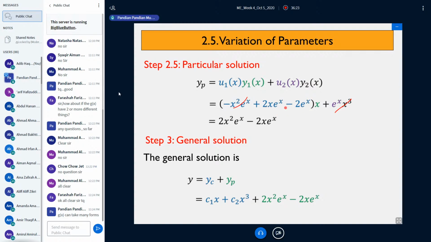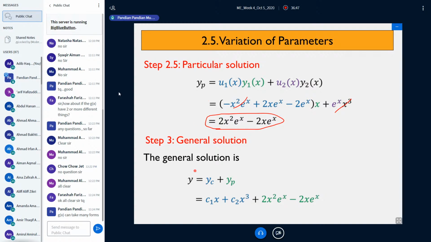This one is 2x squared e^x minus 2x e^x. So this is your yp. Sometimes it can be simplified, but most of the time it will be very hard. So in this case, you can easily simplify. Now you already found yp.